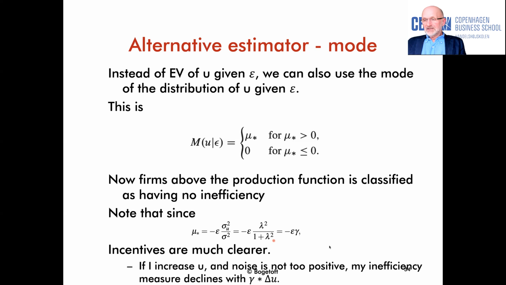But realizing that it is always only estimating half of the slack addition, you can just say that you'll penalize me for 2 times the estimated slack addition. So then you're back to being able to penalize me 1-to-1. So from an incentive point of view, this mode estimation is actually a nice way to estimate in the SFA model.